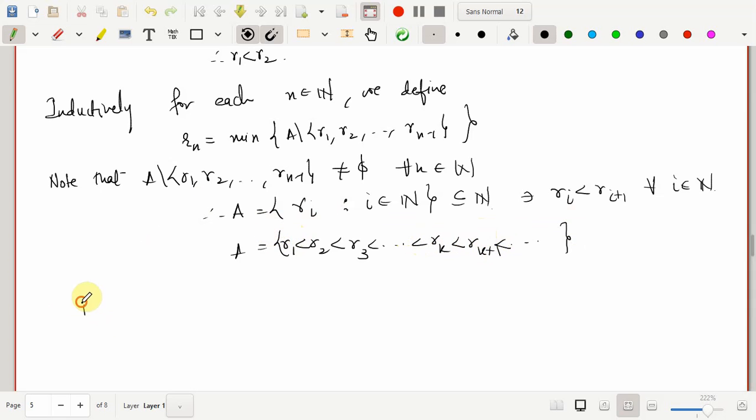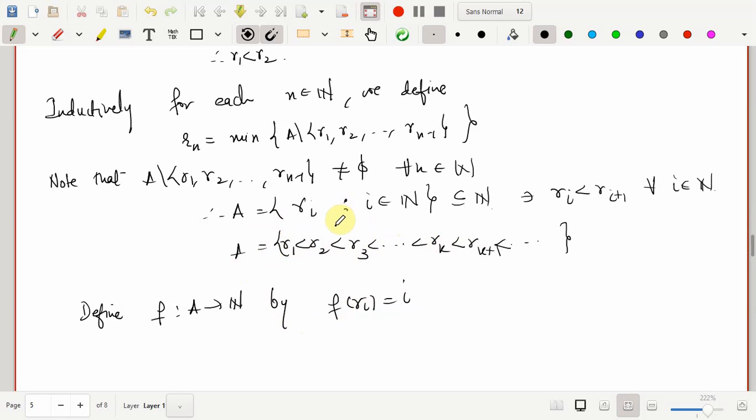So what is that bijection that you can produce from A to the set of natural numbers? That is natural over here. Define f from A to N by f of Ri is equal to i. Definitely this is a one-one map, because i will be equal to j provided Ri is the same as Rj.